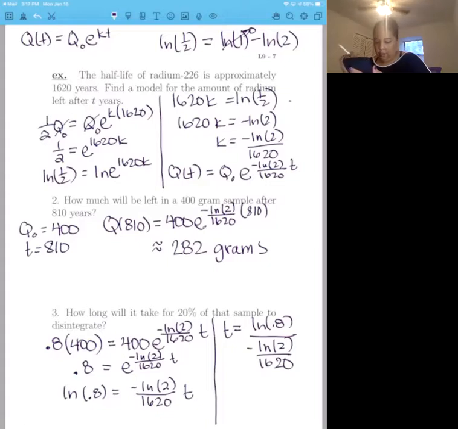Natural log of 0.8 divided by the natural log of 2 divided by 1,620.